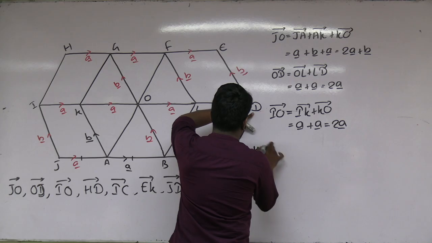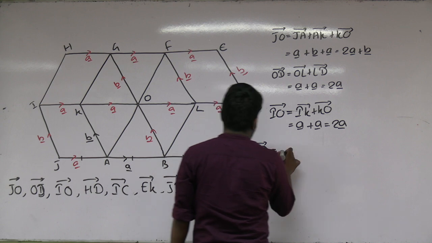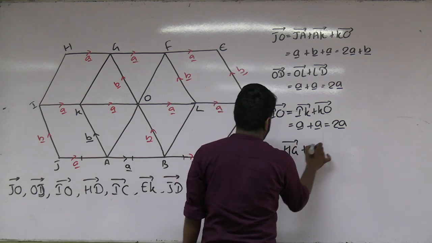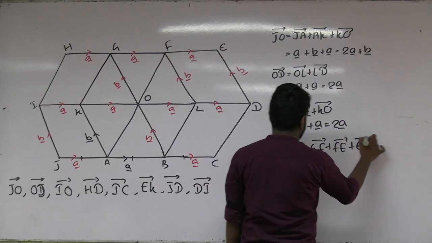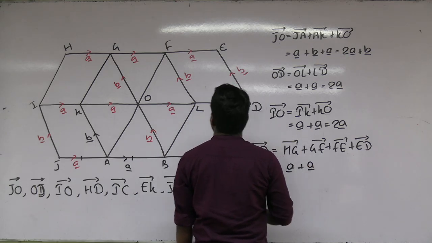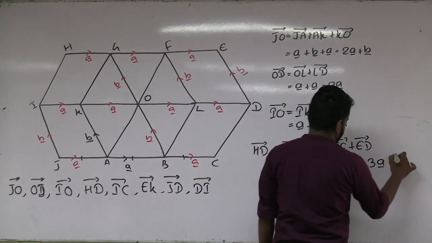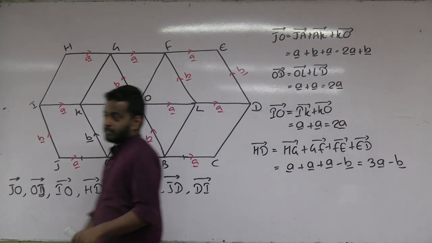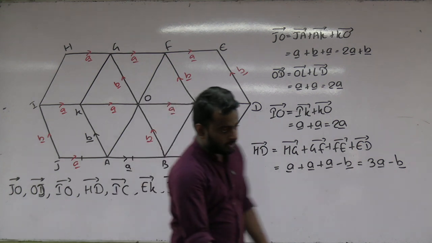So HD equals HG plus GF plus FE plus ED. So HG is simple A plus A minus B, which is equal to 3A minus B. Right. So move on with the remaining.